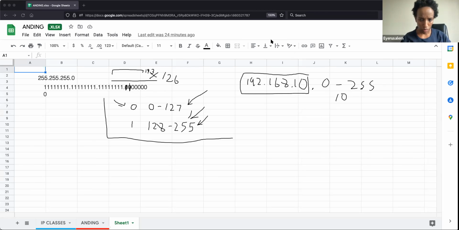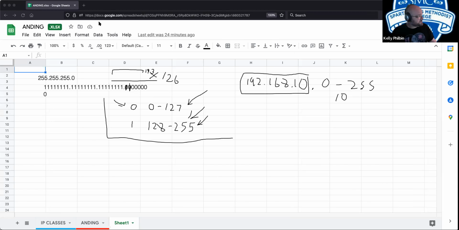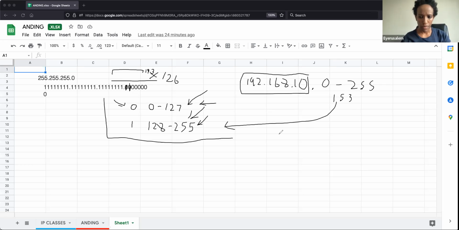And that's where I said, if I had a 10, that would go in this first group right here. If I erase that 10, and instead the computer I was trying to talk to was 153, just pulling a random number out, that would go into the second range.